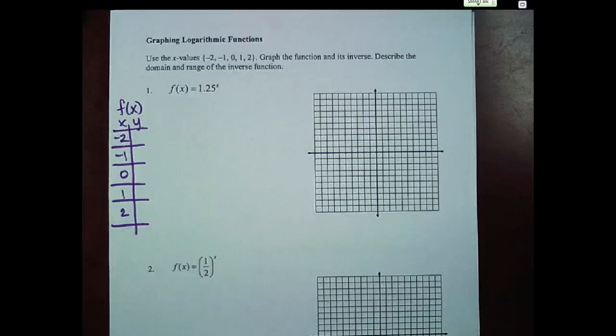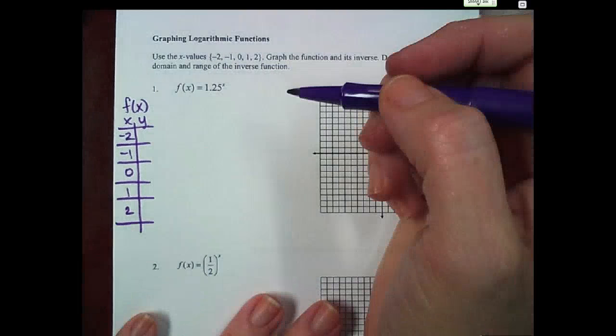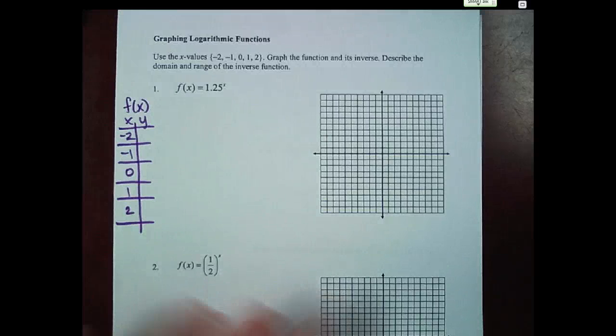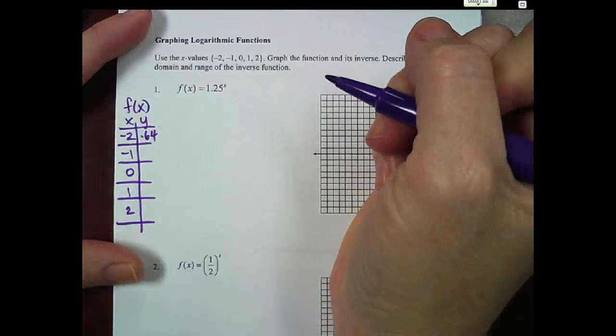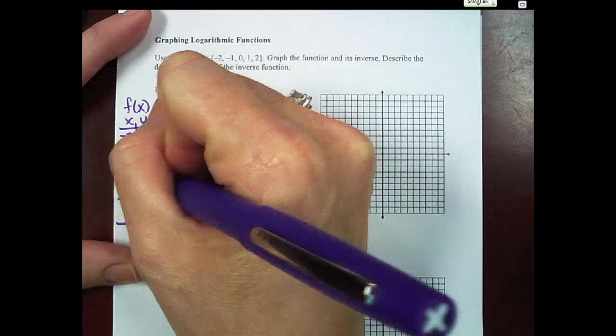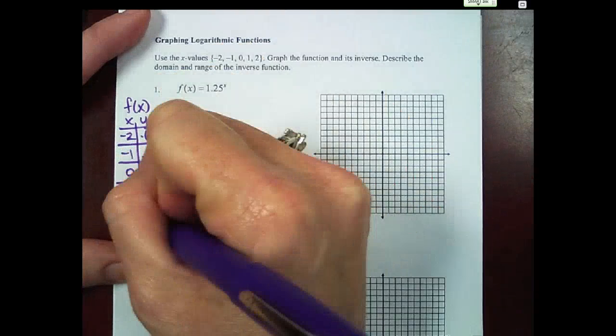Your output will be positive for this particular graph. So input these into the calculator. If you input negative 2, you get 0.64. If you input negative 1, you get 0.8. And then 1.25, of course, and then 1.56.